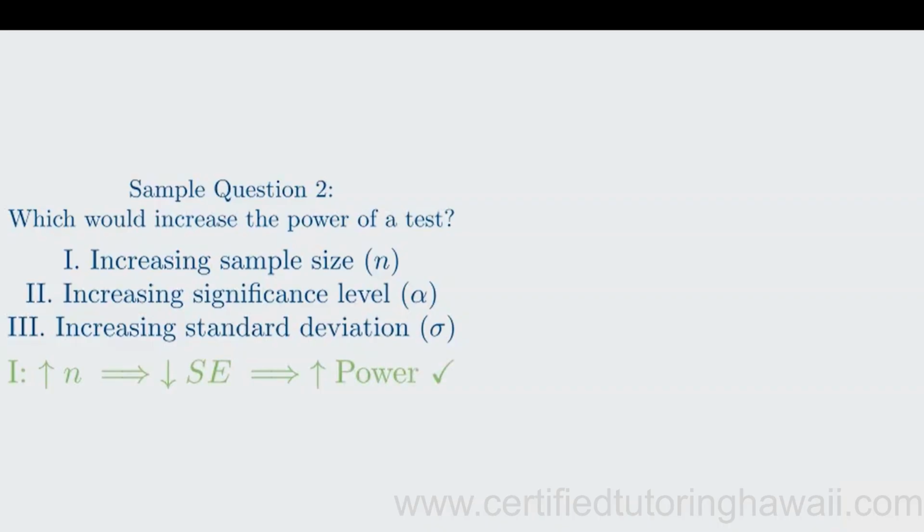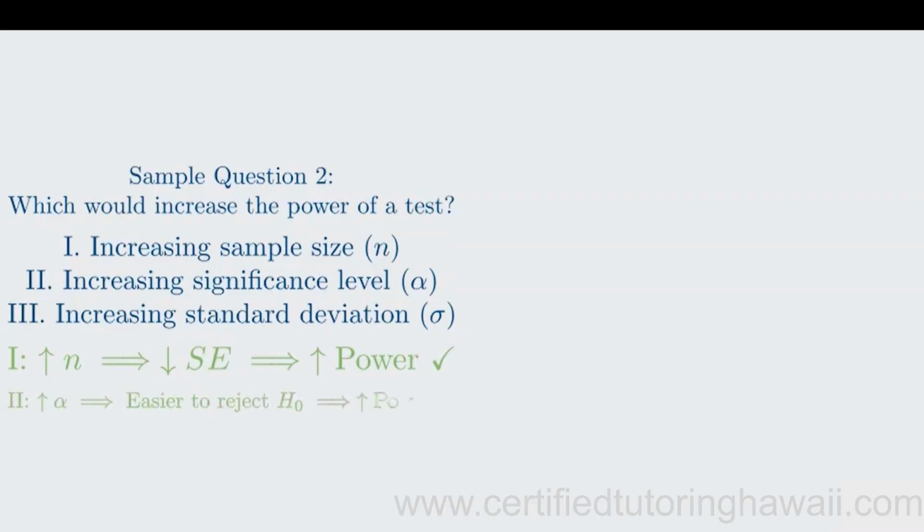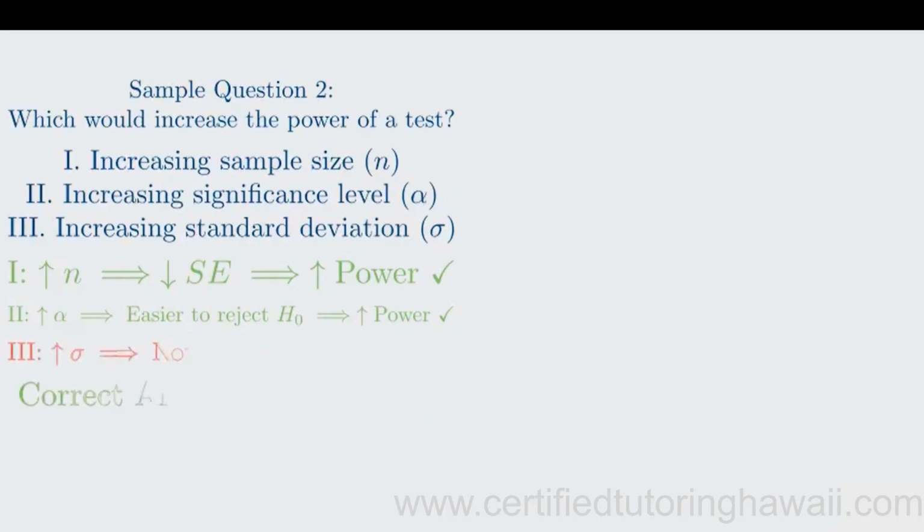Yes, this reduces standard error and increases power. 2. Increasing significance level? Yes, this makes it easier to reject the null, increasing power. 3. Increasing standard deviation? No. More variability makes the data noisier, making it harder to detect an effect, which decreases power. The correct answer is C, statements 1 and 2 only.